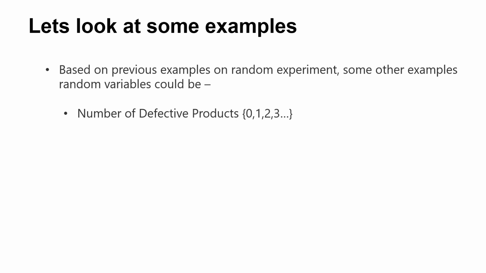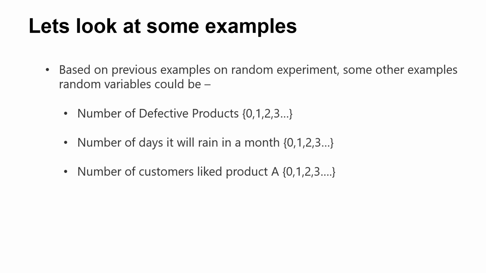It could be 0, 1, 2, 3, right? Similarly, we talked about what kind of weather it would be, rainy or sunny. One of the random variables attached to it would be the number of days it will rain in a month: 0, 1, 2, 3, can go to 30 when it rains all over the month.